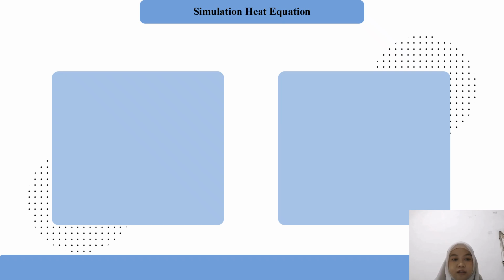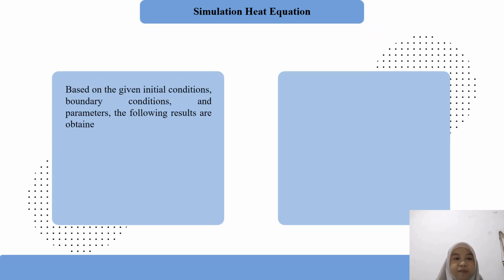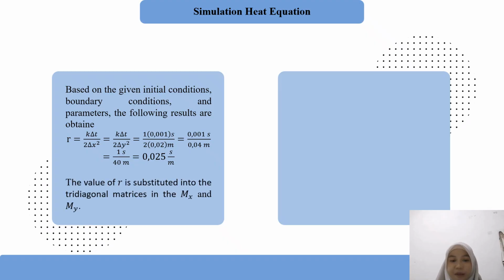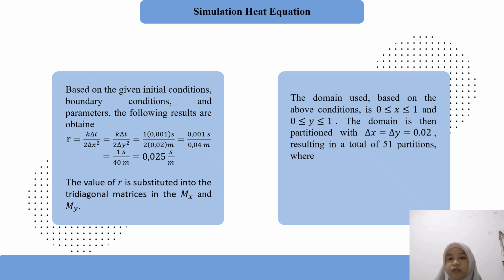Simulation of the heat equation. Based on the given initial condition, boundary condition, and parameters, the following results are obtained. The value of R is substituted into the tridiagonal matrices Mx and My. The domain used is based on the condition, resulting in a total of 51 partitions where x equals y, by Salsabila 2025.